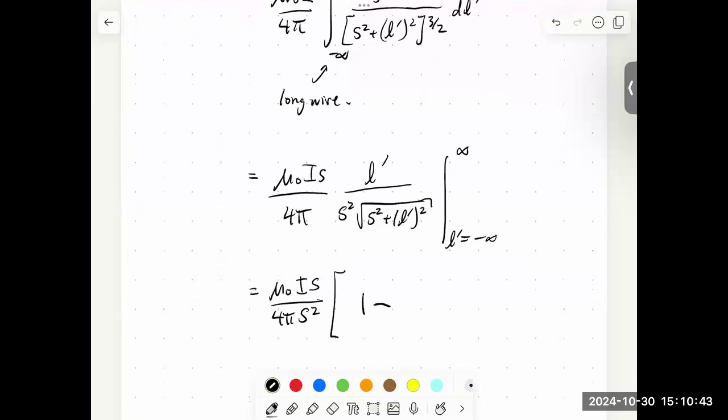minus. What are we going to get when we put in the minus infinity? Yeah, we're going to get a 1 again, but what's the sign of it? Minus, right? Because the minus infinity in here is going to be squared, so it becomes positive, and then take the square root and take the positive root.